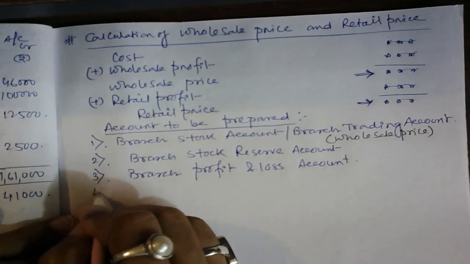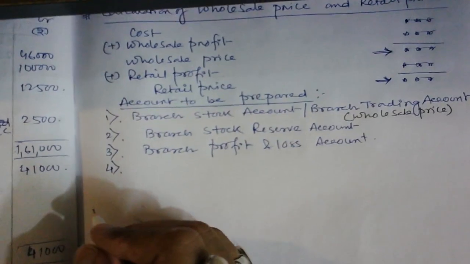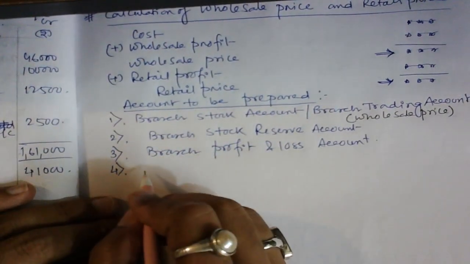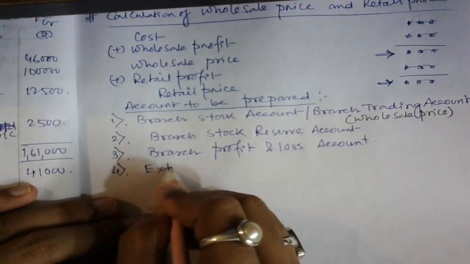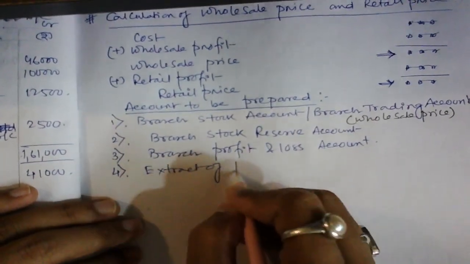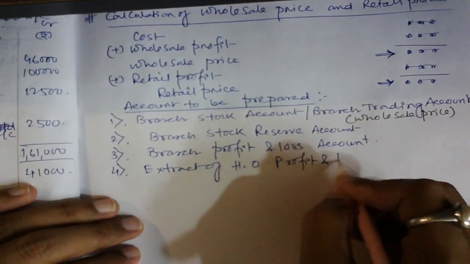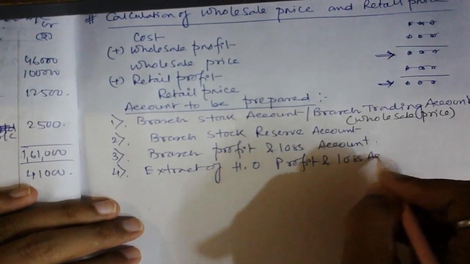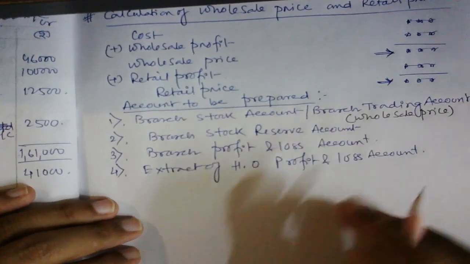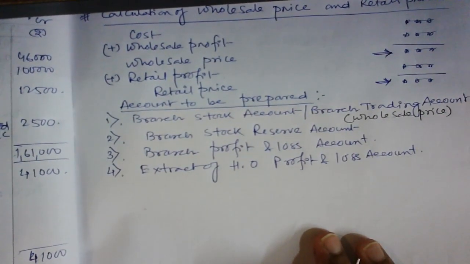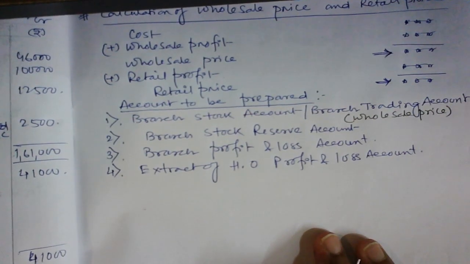And if possible, we can also prepare an extract of the head office profit and loss account. It is the choice of the particular sum, whether it is given or not. This is the format we need to maintain under this particular method.